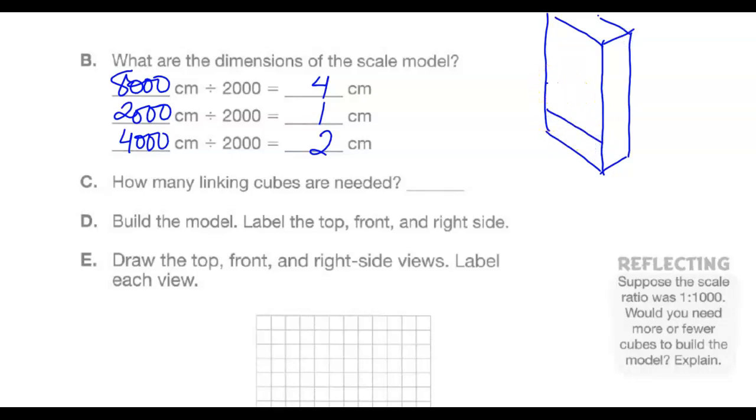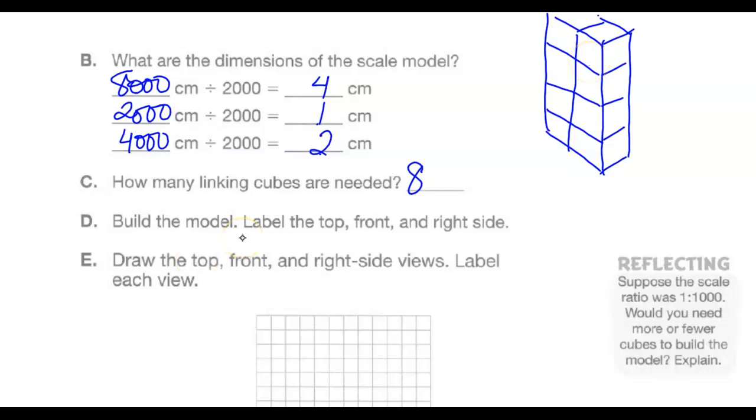And 4 and 2. Okay, so we'll multiply. Remember, a linking cube is 1 centimeter cubed, 1 by 1 by 1. So we're going to need 4 by 1 by 2, which is 8 cubes. And you can see 2, 4, 6, 8.